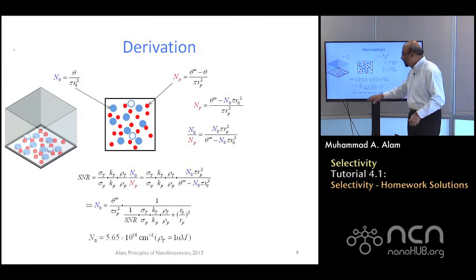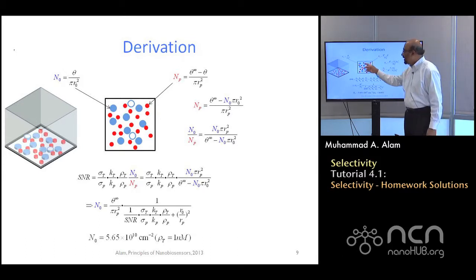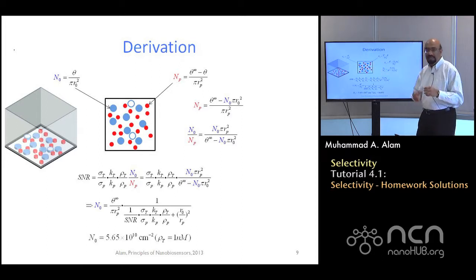And the N naught value you calculate in this case is 5.6 times 10 to the power 10 per centimeter square. So N naught is essentially the number of places where the receptors can come and sit.